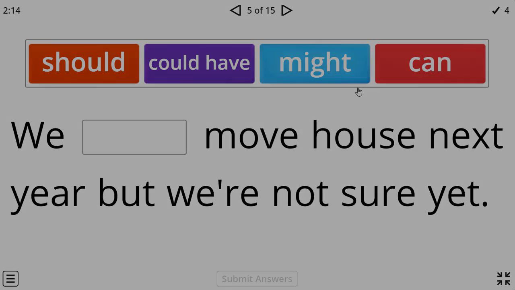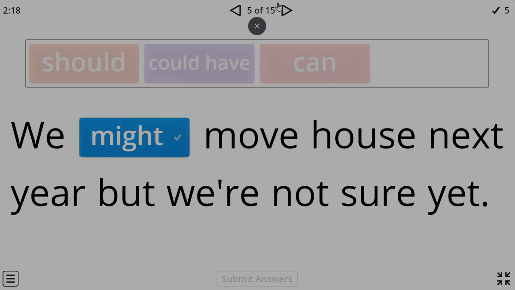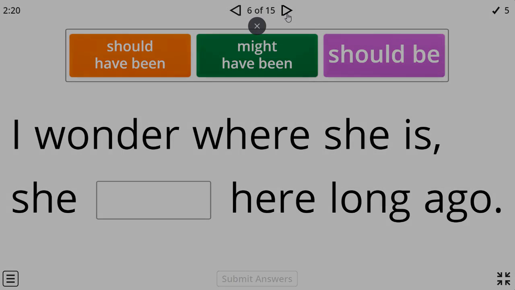It's possible, so we might. Great. And to the next. I wonder where she is. She should have been here long ago, or she might have been here long ago, or she should be here long ago. So what is your answer?